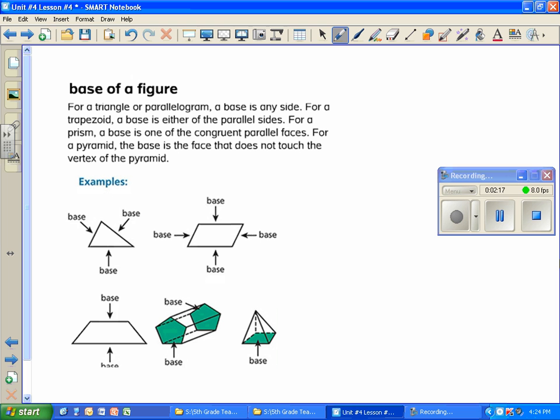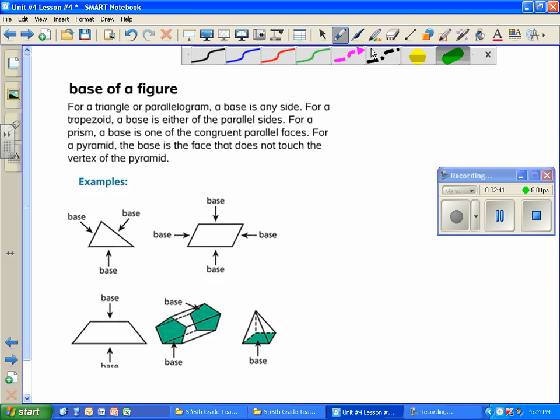Base of a figure. We've actually looked at this definition. For a triangle or parallelogram, a base is any side. For a trapezoid, a base is either of the parallel sides. For a prism, a base is one of the congruent parallel faces, and for a pyramid, the base is the face that does not touch the vertex of the pyramid.